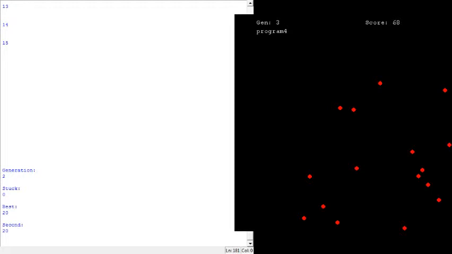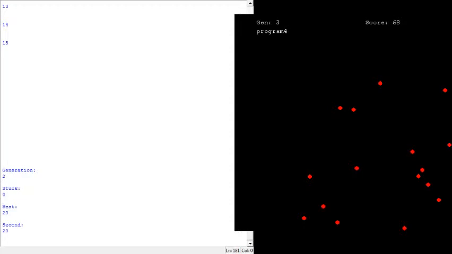This is because I made it so that the score is based off of a fitness test, which is 10,000 divided by 1 plus the number of collisions. It's 1 plus because if there are no collisions, you can't divide by 0, the program would crash, but that's minor.